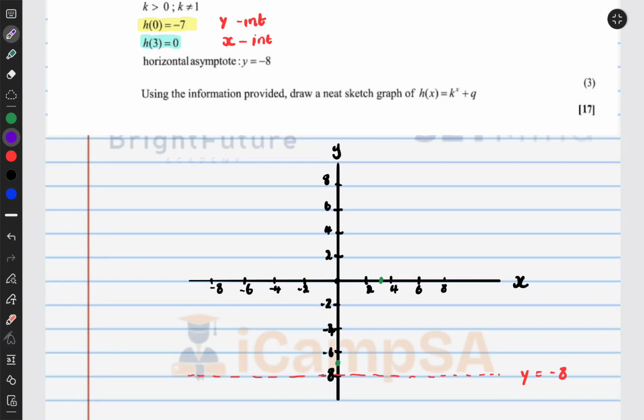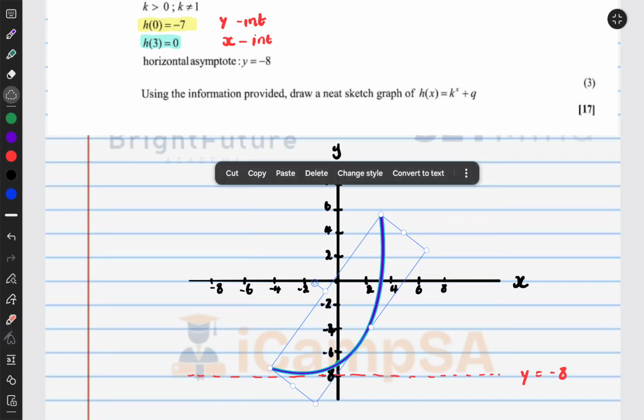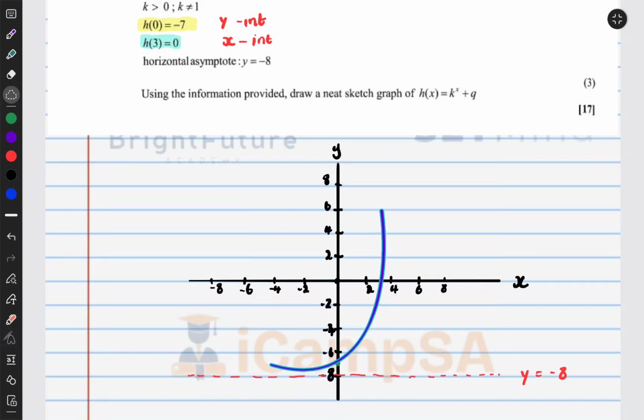It's increasing very quickly. And that is how our function is going to look.